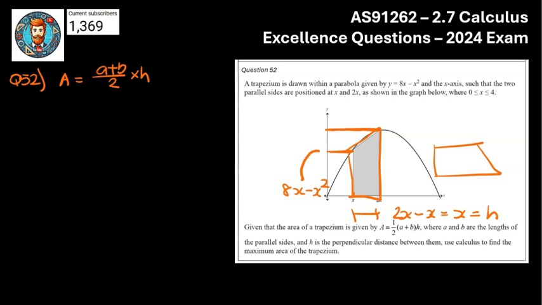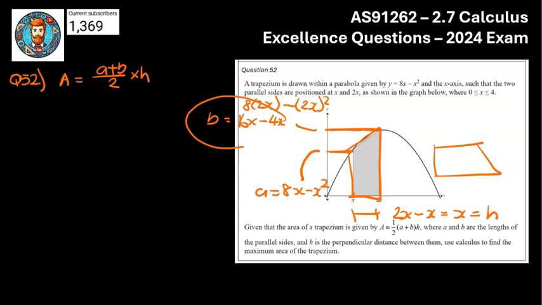The next one's going to be a bit trickier because instead of putting in x, we need to substitute in 2x. So that's going to become 8 times 2x minus 2x squared, and that's going to become 16x minus 4x squared. So I've now got the top and the bottom of my trapezium, which is my a and my b.